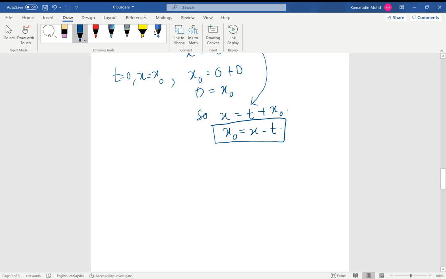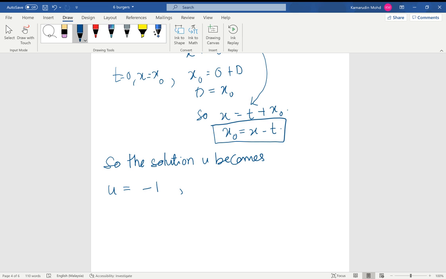So now the solution u becomes, for the first case, the solution equal to minus 1.